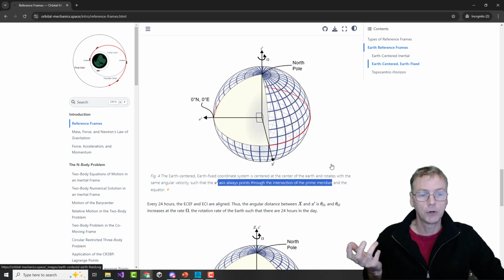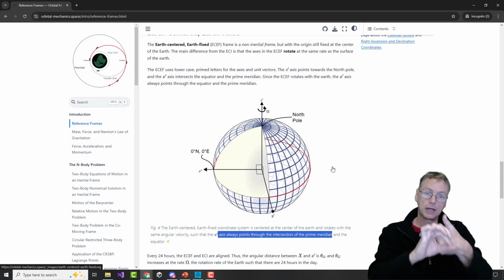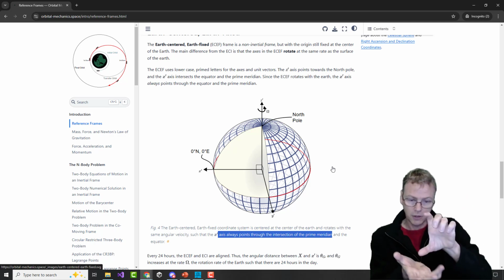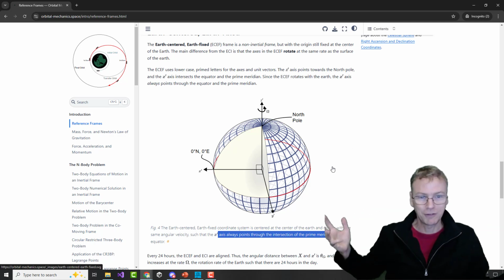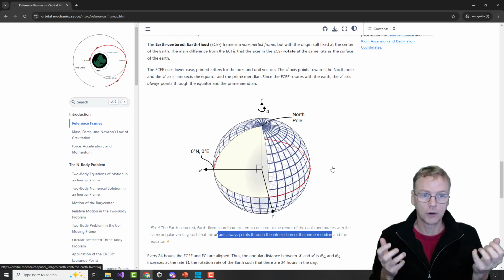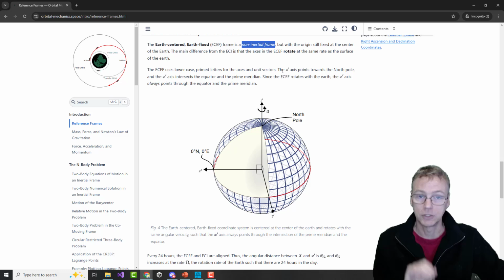So we're going to go right through the Greenwich meridian on Earth. So this coordinate system stays on the Earth, and it also rotates. It rotates at 15 degrees per hour, so to speak, right? That it rotates with the Earth. That means this is a non-inertial reference frame.